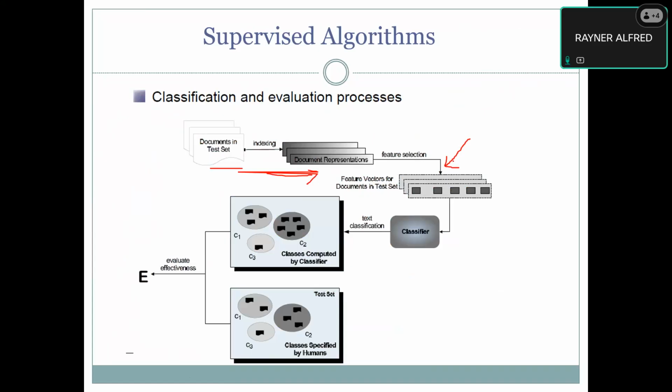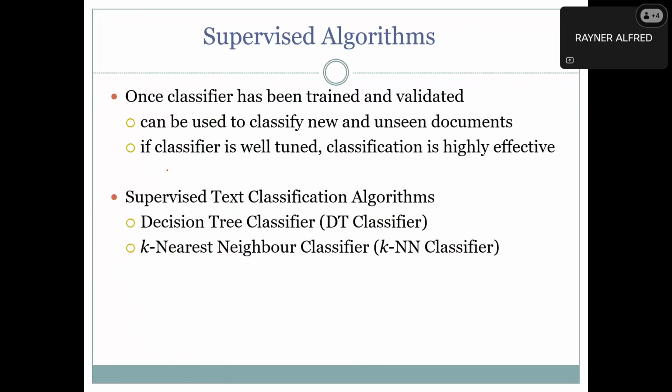So you want to reduce the number of features in your document term matrix, and then you feed them into the classifier. Then this is the predicted classes, and this is the actual classes. So you want to compare these two. What percentage is correctly classified? Okay.